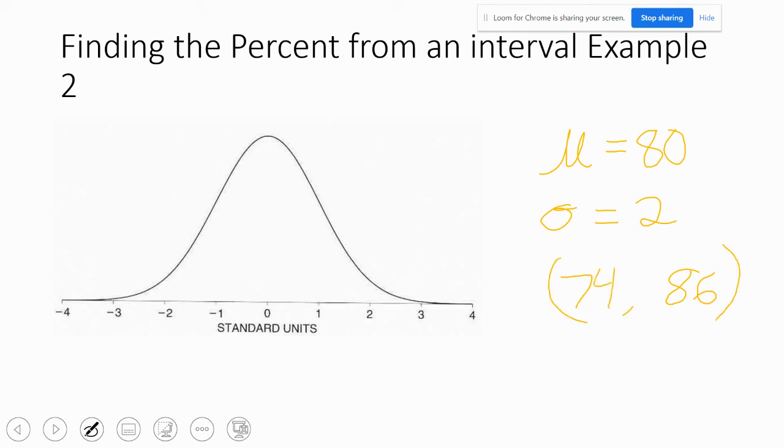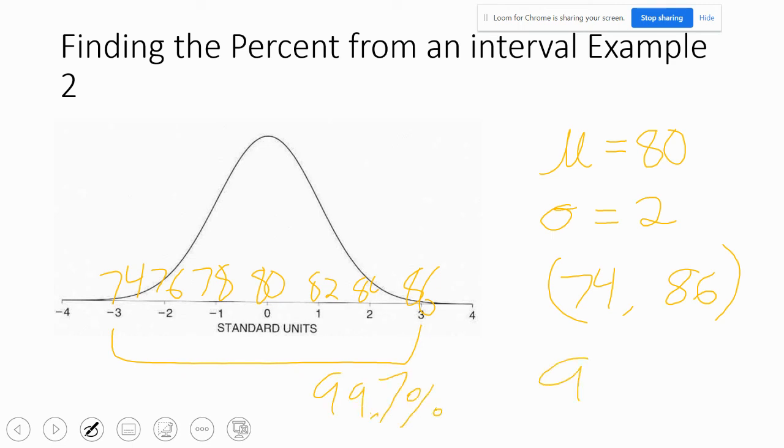So that's your interval. What's the percent? Well, you put 80 in the middle, go up 82, 84, 86, then you go down 78, 76, 74. That's negative 3 to 3, which is 99.7%. That is how you find the percentage using the interval.